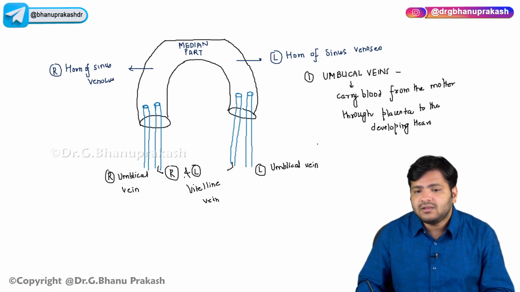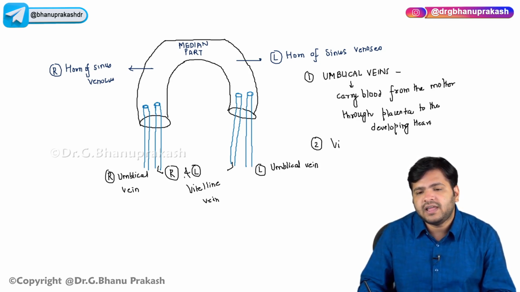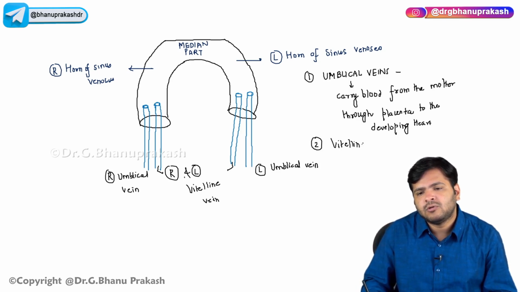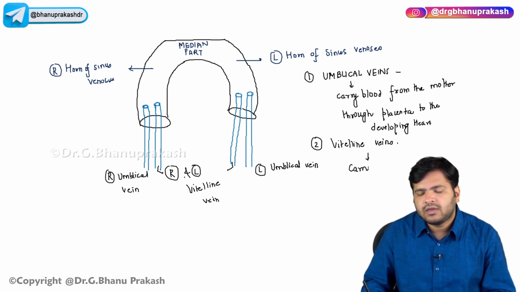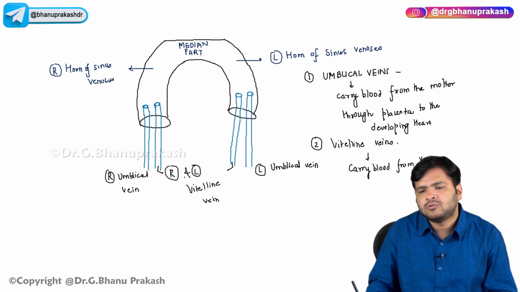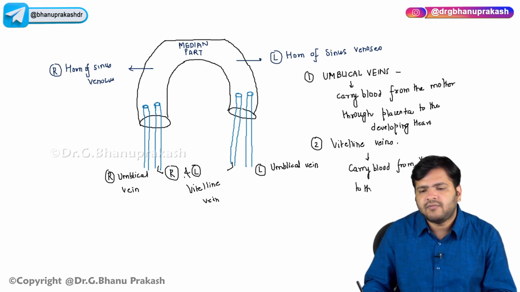So second, you have to remember about the vitelline veins: they carry blood from the yolk sac to the developing heart.